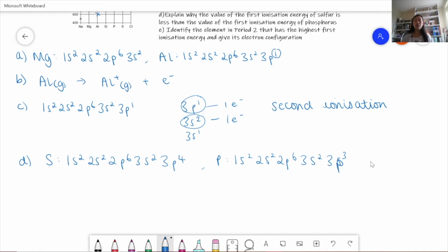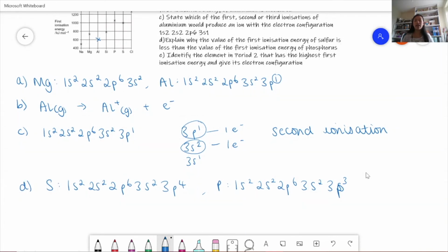So it's really not that obvious why sulfur will have a smaller ionization energy than phosphorus, like we can see on the graph here.